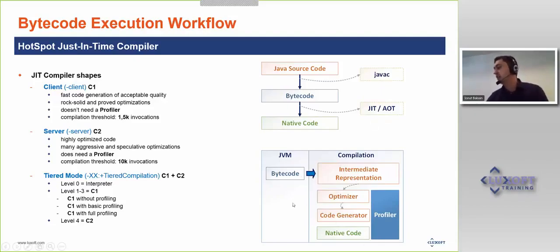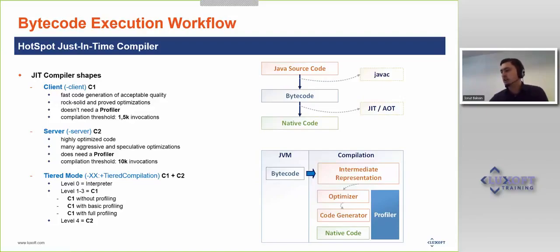Here in this diagram, we have the process that we discussed. We have the bytecode, and we have the profile that profiles all the native code in order to improve it. We have the optimizer, and here is one important thing: in this process of moving from the bytecode into the native code, we have an intermediate representation of the bytecode.